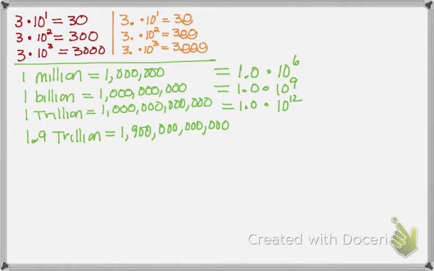Now, how do you write that in scientific notation? Well, I have to think about what scientific notation is. The scientists that came up with this needed a way to write really, really big numbers quicker, so they came up with 3 rules for scientific notation.